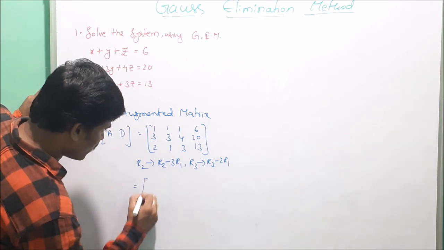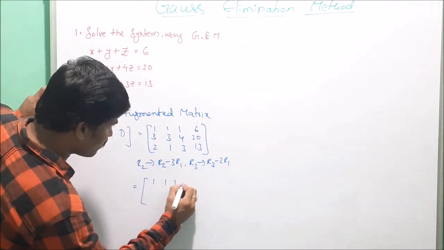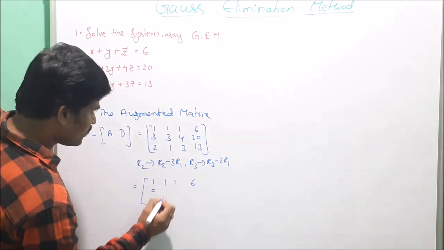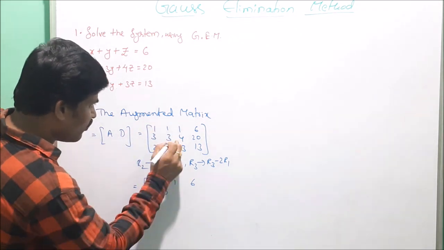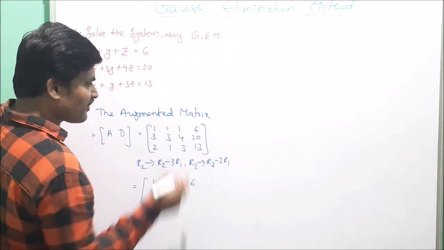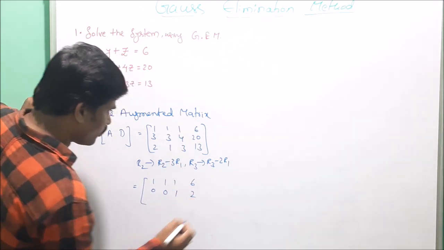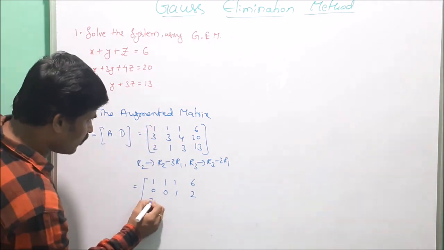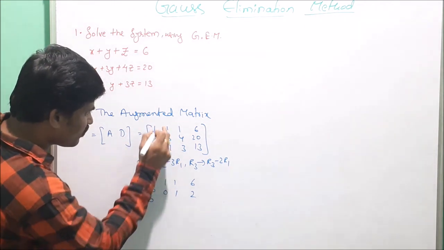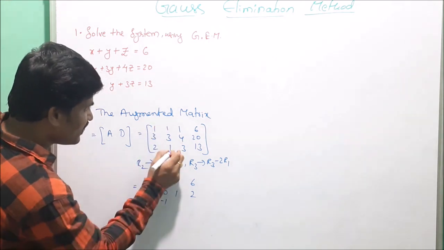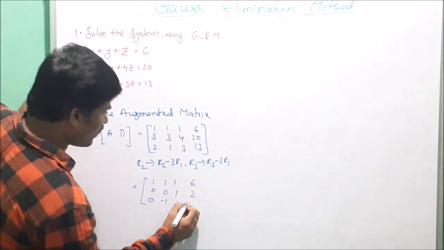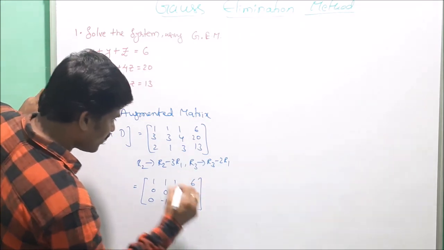Now the first row does not change: 1, 1, 1, 6. In the second row, 3 minus 3, 0. 3 minus 3, 0. 4 minus 3, 1. 20 minus 18, where 3 into 6 is 18. 20 minus 18 means 2. In the third row, 2 minus 2, 0. Sorry, 1 minus 2, minus 1. 3 minus 2, 1. 13 minus 12, this is also 1.